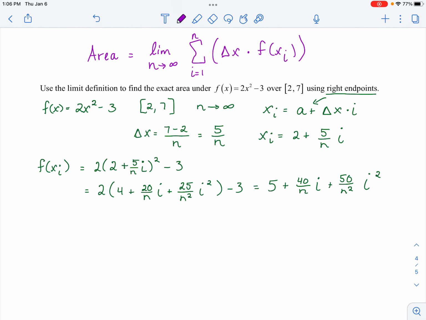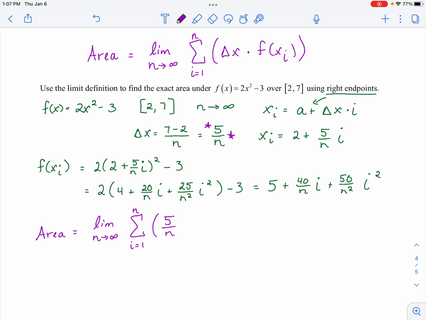So we are going to have area is equal to the limit as n approaches infinity of a summation from i equals 1 to n of delta x, which is 5 over n from right here.